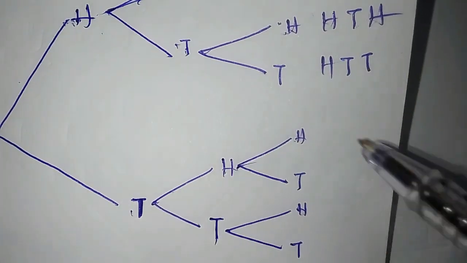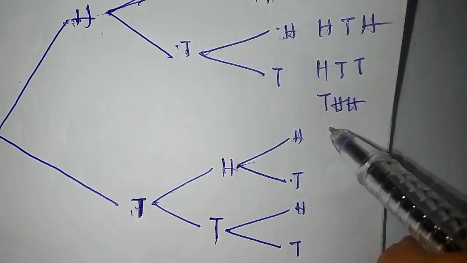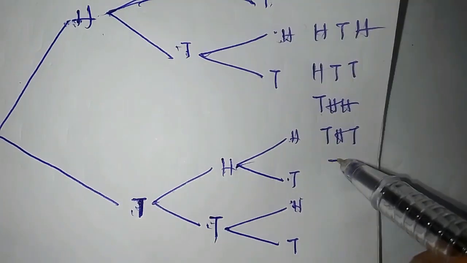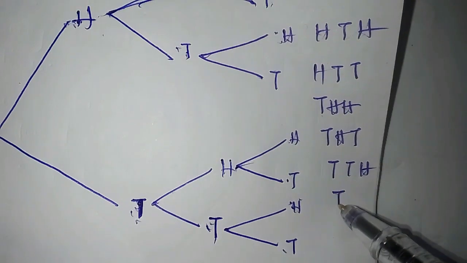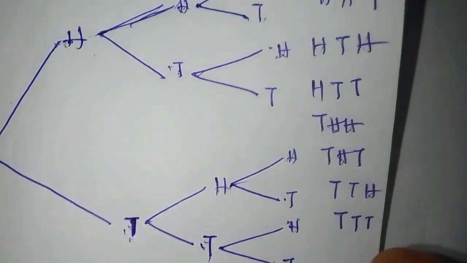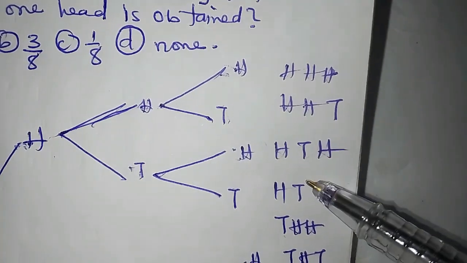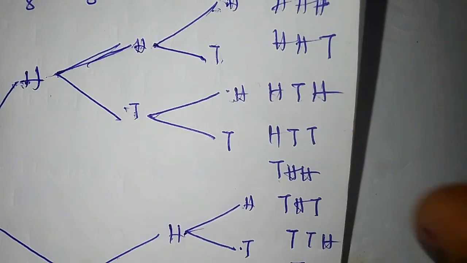Tail, head, head; tail, head, tail; tail, tail, head; tail, tail, tail. Okay, these are the outcomes. 1, 2, 3, 4, 5, 6, 7, 8. 8 outcomes that we have.